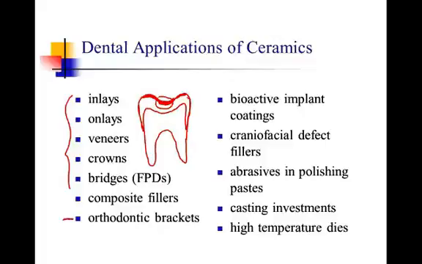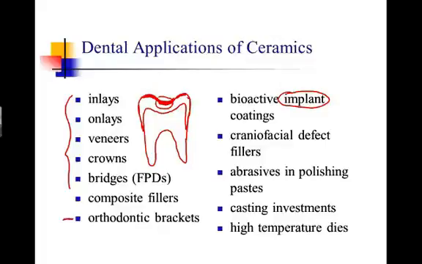An example would be a dental implant. It can have a hydroxyapatite ceramic coating, plasma sprayed on the surface to be bioactive and to speed the rate at which that implant is osseointegrated into the bone.